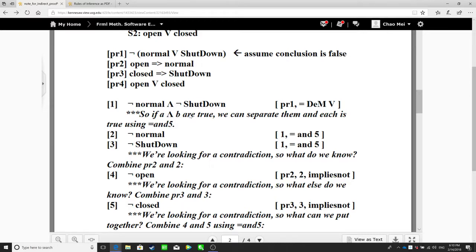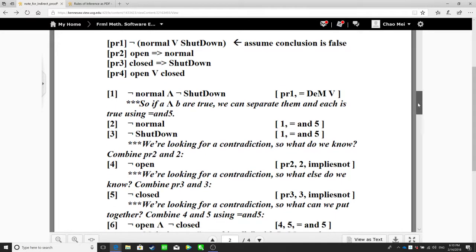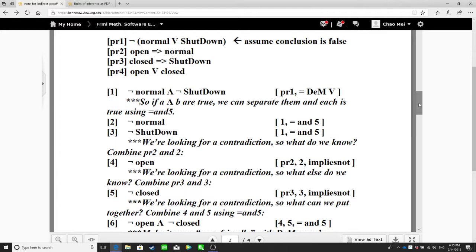Yeah. If A and B are true, we can separate them and each is true using AND elimination, because if A and B has to be true, both A and B have to be true, right? So we know negation normal is true, negation shutdown is true. Okay, then we are looking for some contradiction.